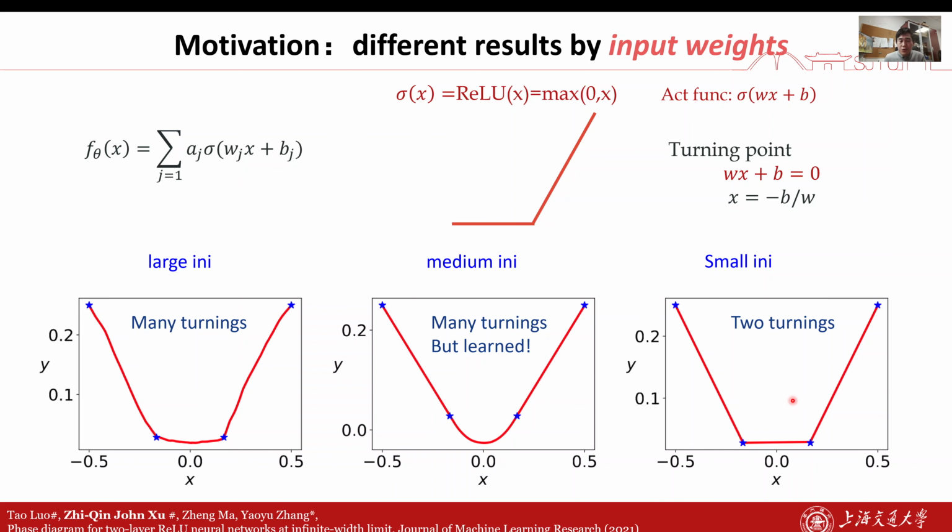And for these 4 training data points, there will be only 2 turning points. What will determine these turning points? By the definition of the activation function, the turning is determined by Wx plus b equals 0. So the turning is at minus b over W. So W in the nonlinear activation function can significantly affect the turnings for this ReLU neural network.